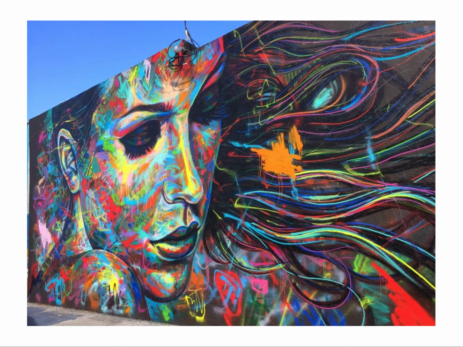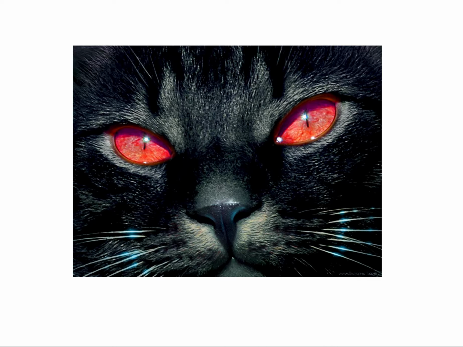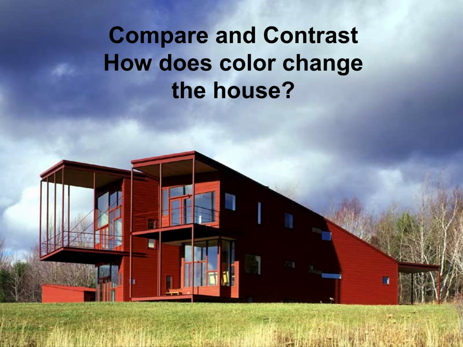So just a lot of examples here of what happens in color combinations. I don't know, I just put that in there because I thought it was cool. Somebody changed the eyes, obviously, because cats don't have those color eyes. Thought that was cool.